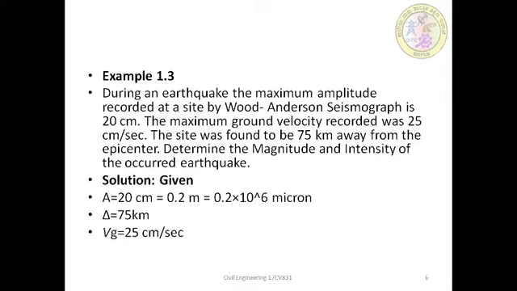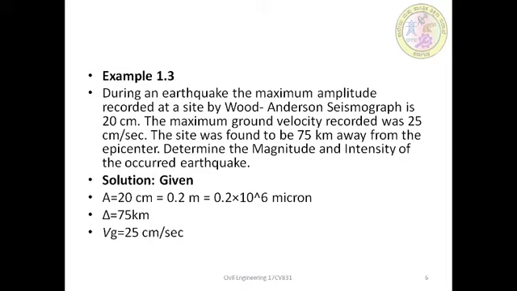Now, the next problem is related to an earthquake, where the maximum amplitude recorded at a site by a Wood Anderson seismograph is 20 centimeter. The maximum ground velocity recorded was 25 centimeter per second. This site is found to be 75 kilometer from the epicenter. So we have to determine the magnitude as well as the intensity of the earthquake.